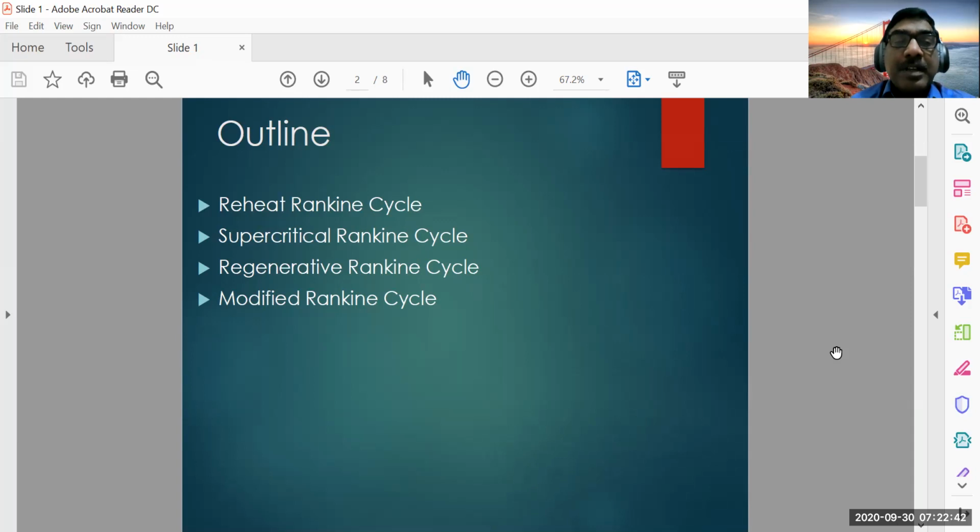So every particular Rankine cycle is having a particular purpose. The basic purpose of this reheat Rankine cycle is to decrease the moisture content at the end of expansion and to increase the efficiency. And another one is supercritical Rankine cycle.